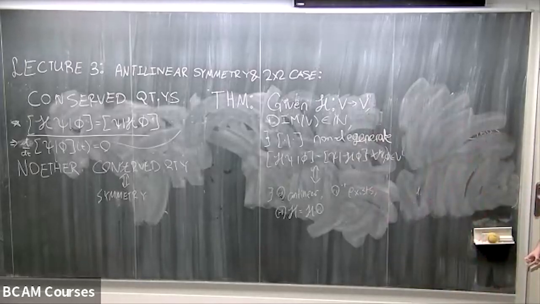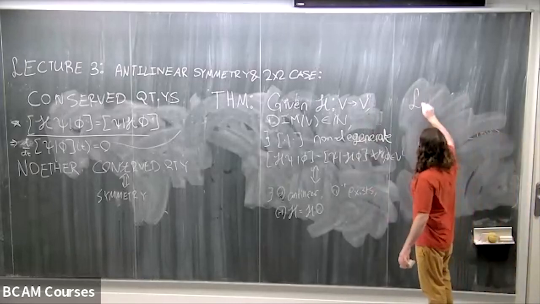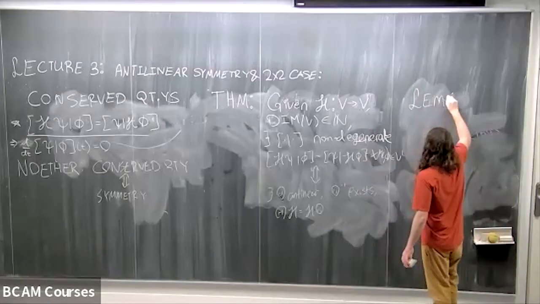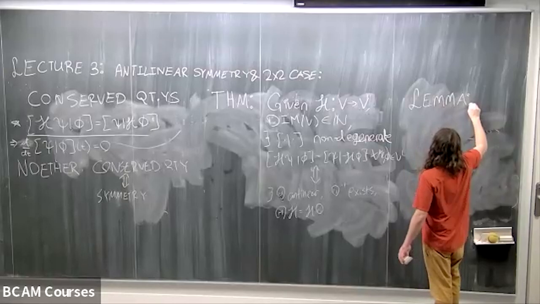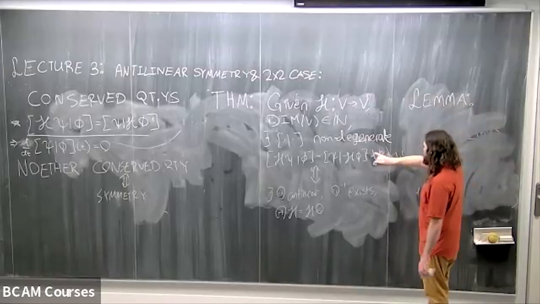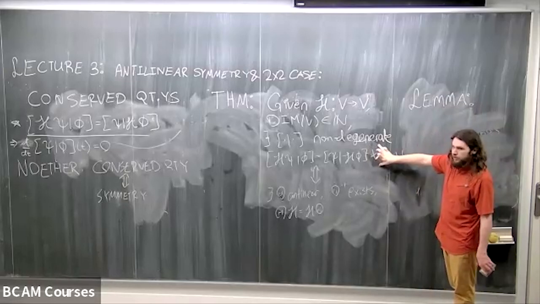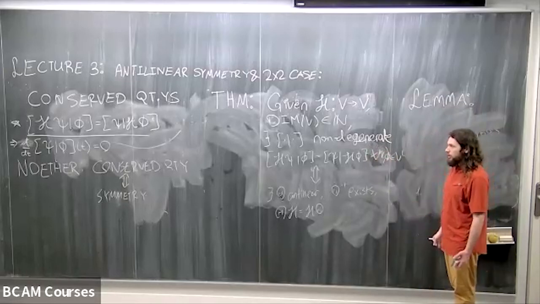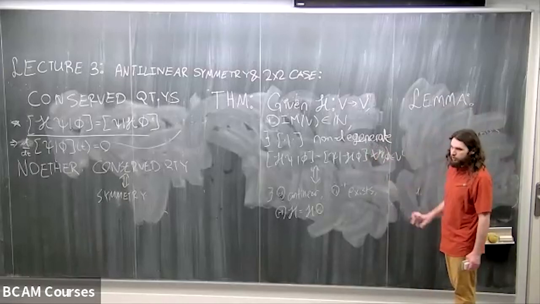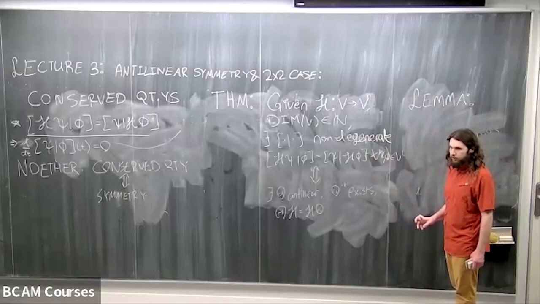So let me see the path of least resistance to the proof. Okay, so the path of least resistance to the proof is to establish this first. So we talked about these guys, and we said that if this constraint holds, then this holds if and only if a certain constraint on the root subspaces holds.